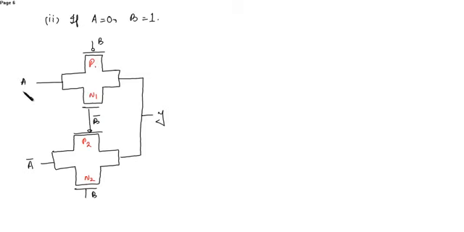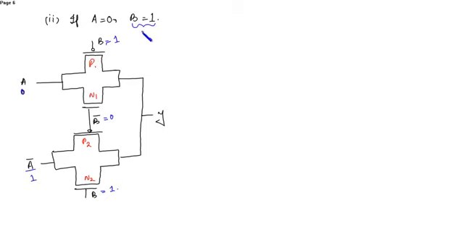So now here A is 0, A bar is 1. Okay. Here A is 0, A bar is 1, and B has the value 1. B bar is 0. This is again equal to 1. So now, this is the control signal, right?